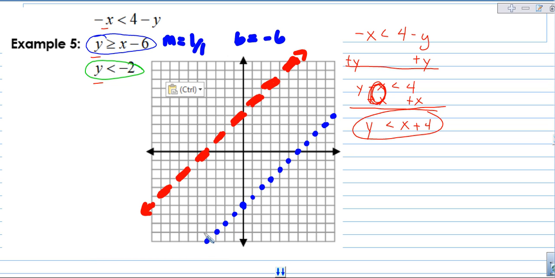Okay, and then this one is a solid line because it has an equals to. So we'll go through and make this look nice and clean.